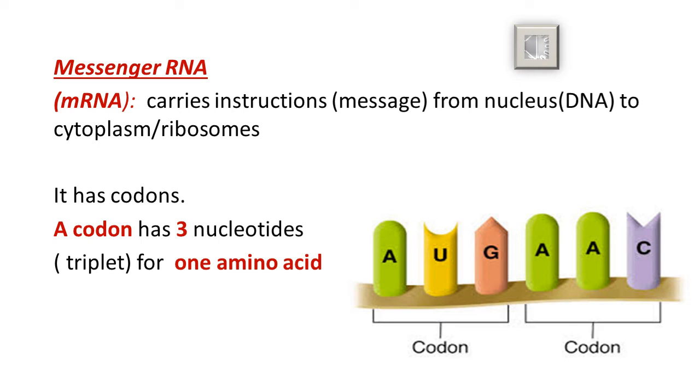Here in this picture, can you guess how many amino acids are produced from this strand? How many amino acids? Yes, 2. Because three nucleotides are going to make one amino acid.